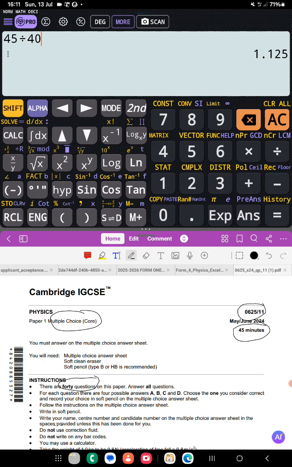That's not enough time. That's why you need to be fast and accurate in your responses, so that by the end of the 45 minutes you are almost done.